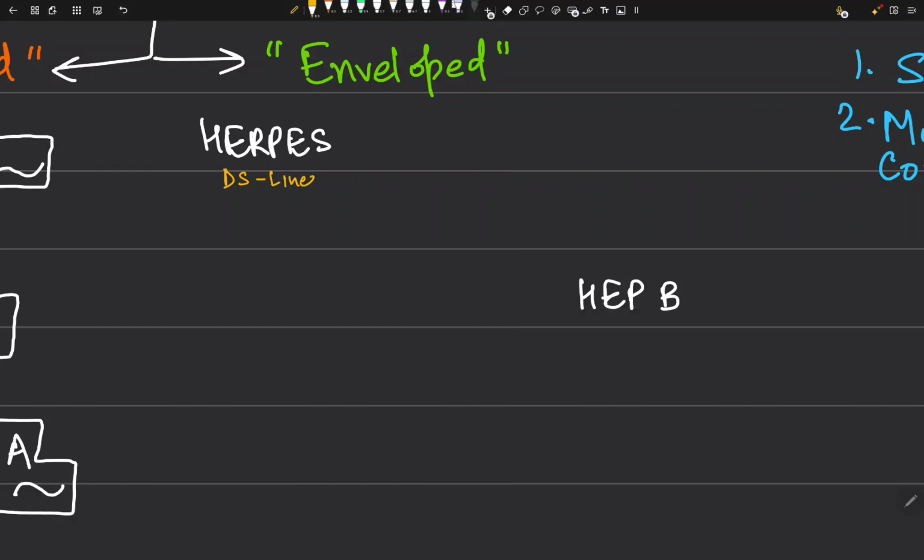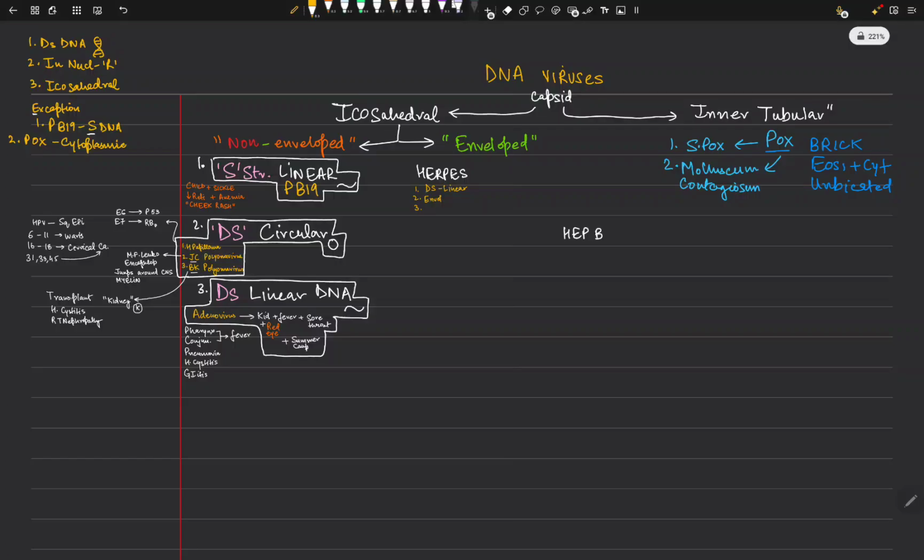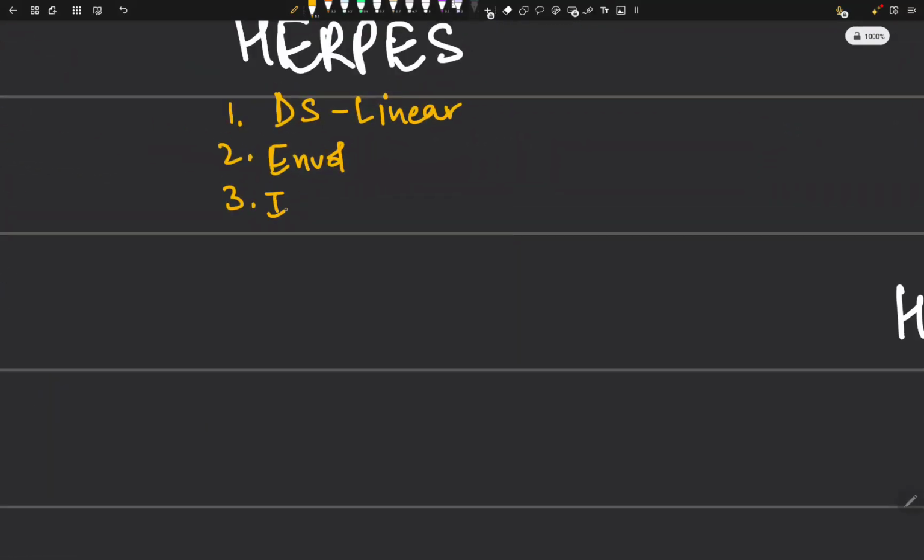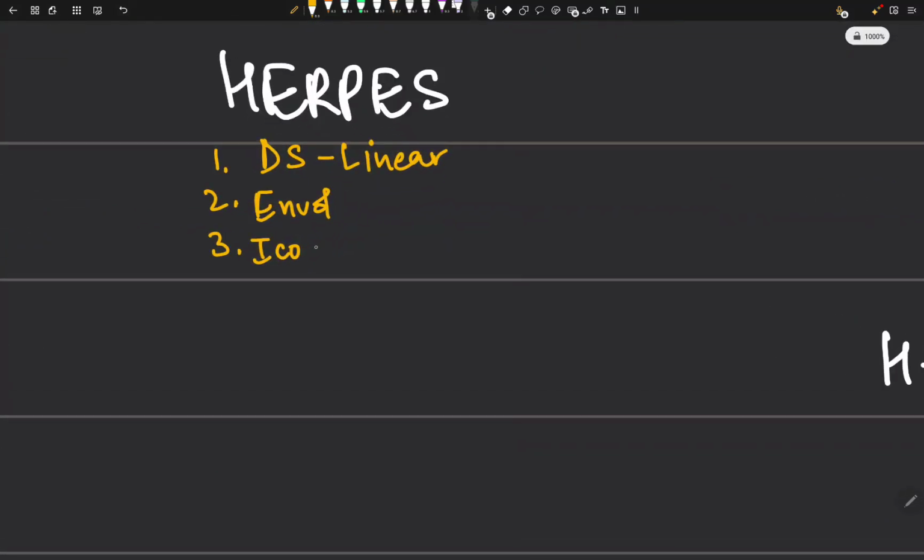So linear, that's the first point. Second is all of them are enveloped. Okay. Third is they have the shape. The shape is icosahedral.